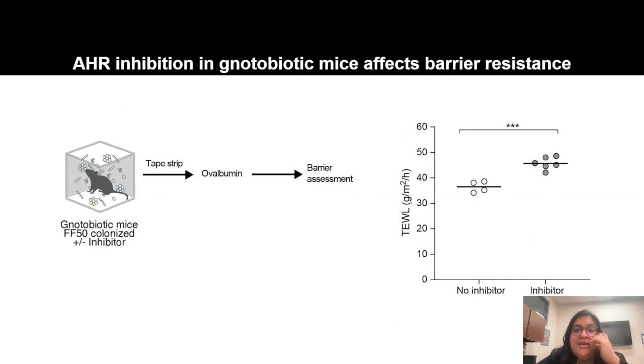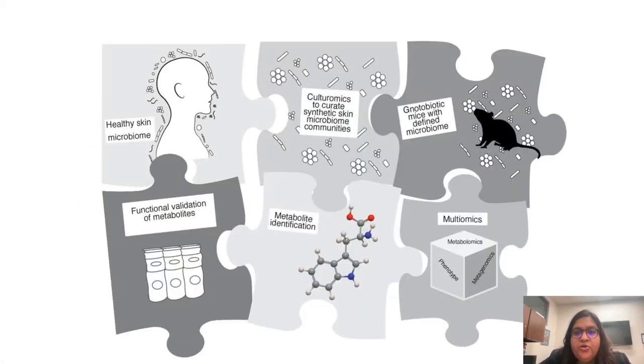I then went back to the colonization model and treated the FF50 colonized mice with and without the inhibitor. We saw that the inhibitor condition affected the barrier resilience, showing that these effects are AHR dependent.